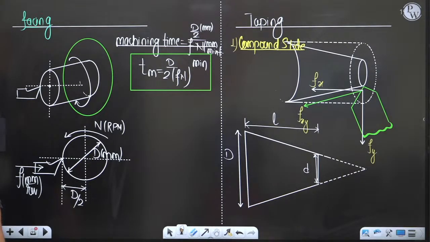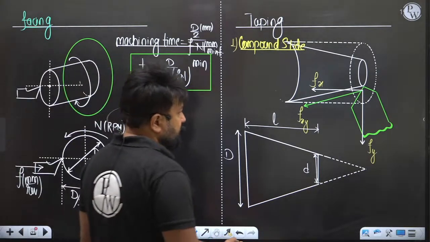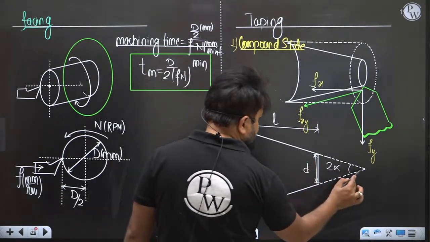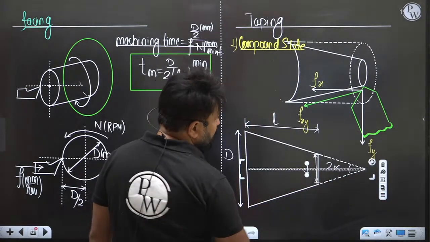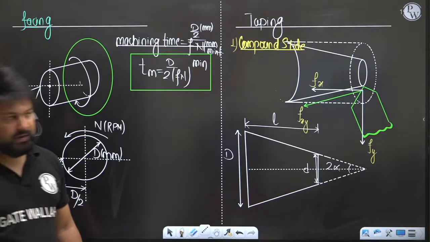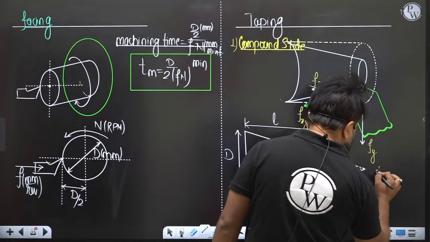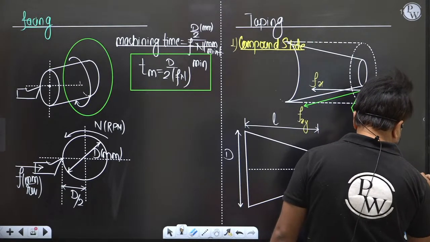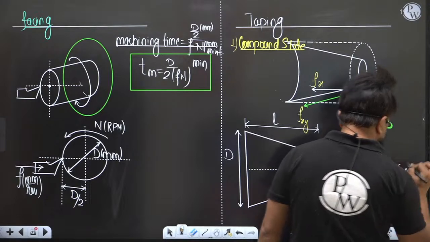So my dear, here there will be a formula. This is, let's say, 2 alpha, and 2 alpha is the cone angle, right?